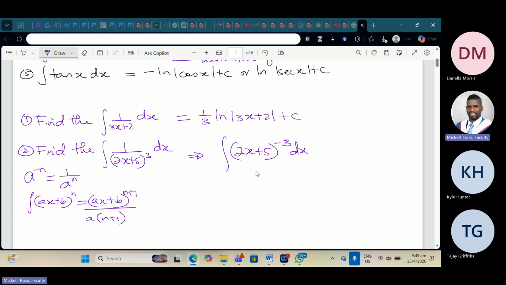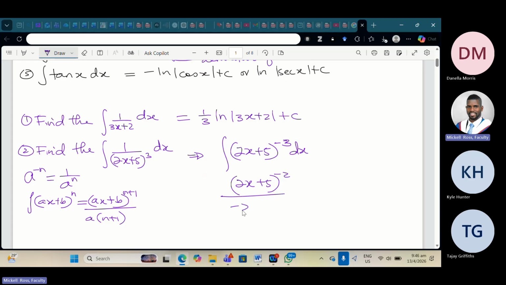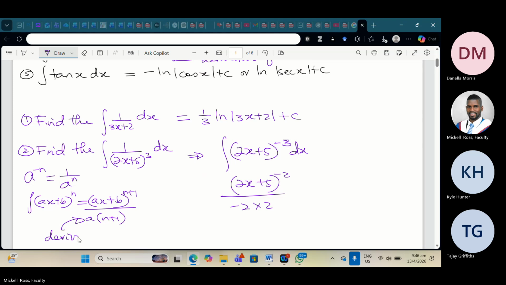So add 1 to the power, 2x plus 5, add 1, negative 2, and we're going to divide by negative 2 times 2. If you differentiate the bracket, this a right here is the derivative of the bracket. So if we differentiate this bracket, we get 2, and then the new power is negative 2 plus c.